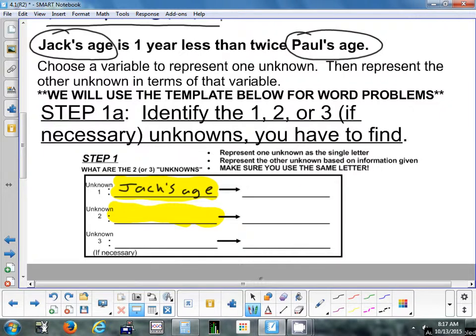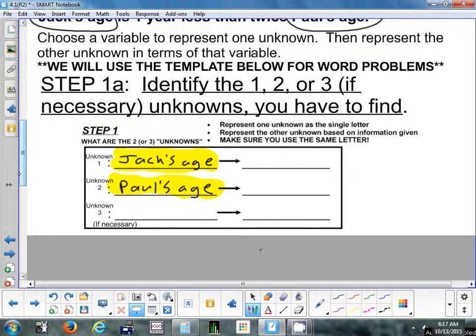So for step one, all I'm going to do is set up my label. Unknown 1 will be Jack's age. Unknown 2 will be Paul's age. And for that first part, that's all we need to do.